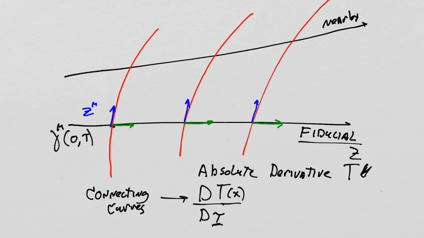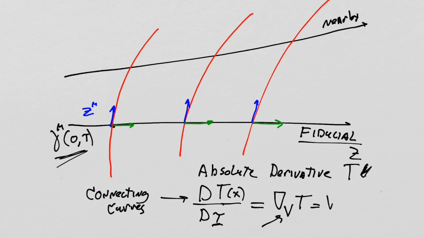So these vectors z, the ones I've actually drawn, they're different from one another. And of course, all of this involves parallel transport, just like before. And that definition is the covariant derivative in the direction v of t, where v is the tangent vector of the curve you're interested in.